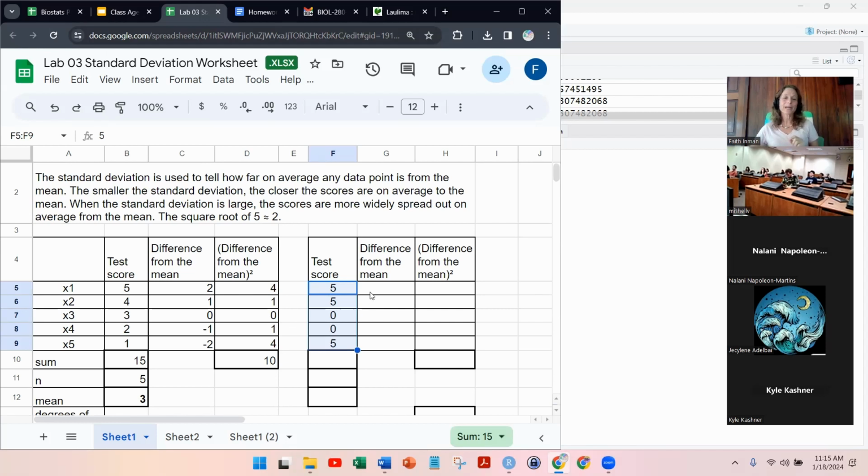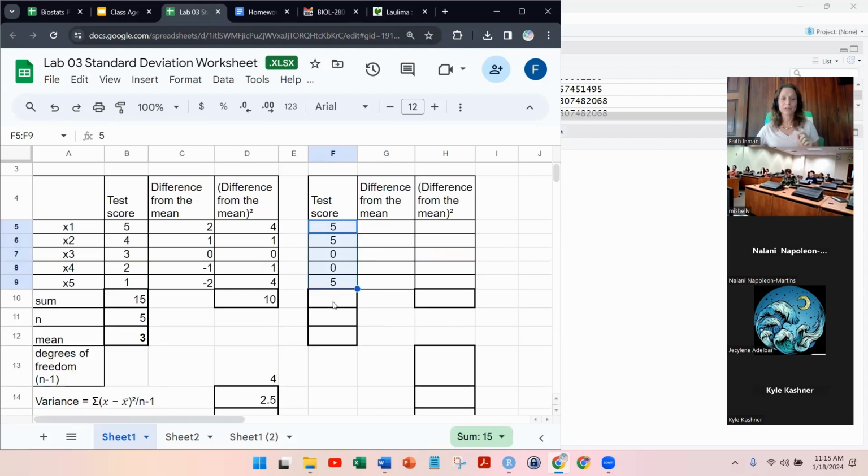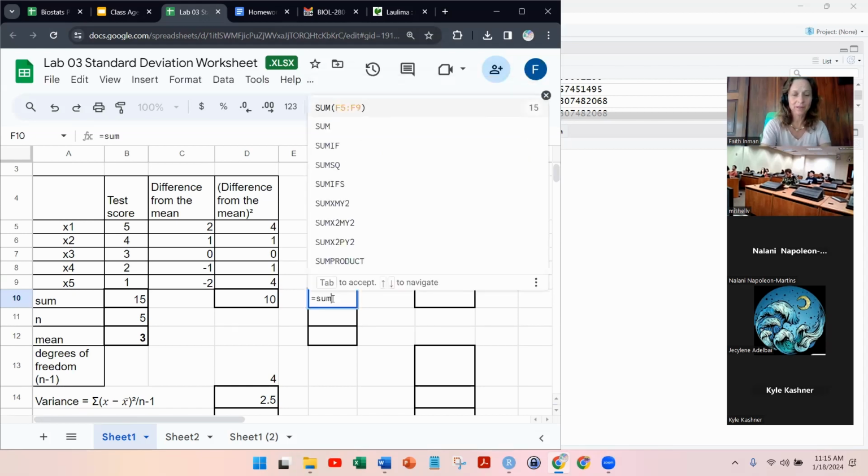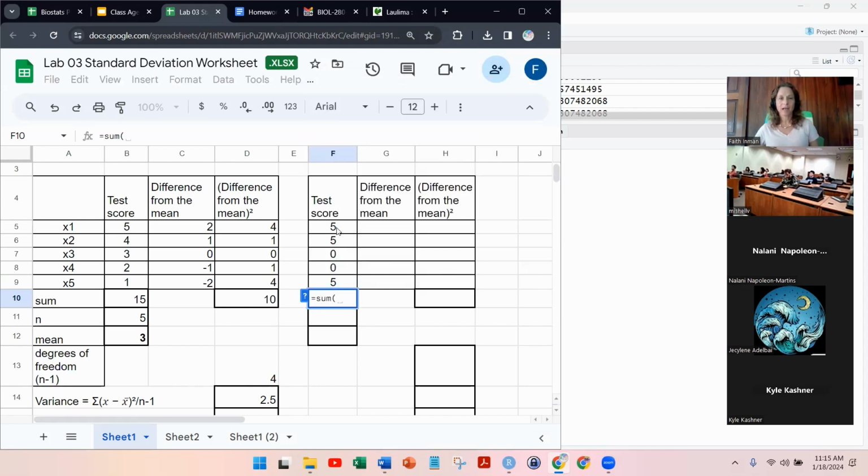So we're going to go ahead and do the same calculations. We're going to start by taking the sum of the scores equals sum. I'm going to select all these data points, close parentheses, and the sum here is 15. Same as the last one, right? So the total amount of points gained by the students was the same, but the distribution of scores was somewhat different, right?